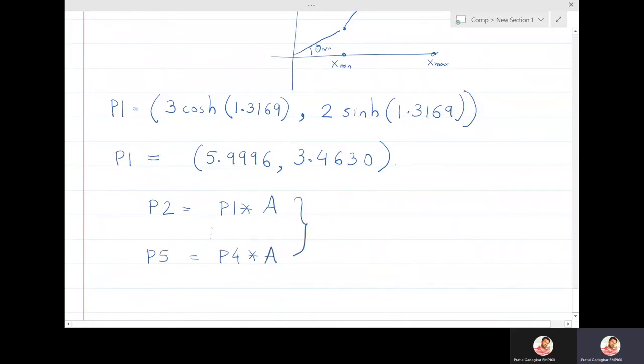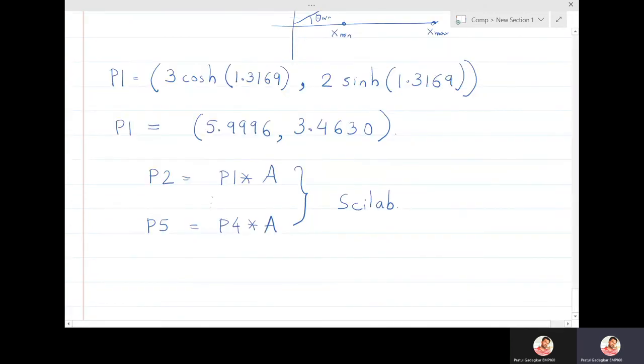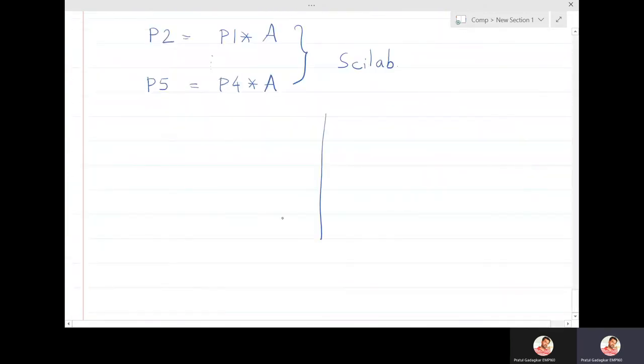We will generate all these points using Scilab now, and then we will go into GeoGebra and plot those points. We will observe that the hyperbolic arc must lie between 6 and 12, for x from 6 to 12. This is the hyperbolic arc that should come, and you must be able to generate 5 points.